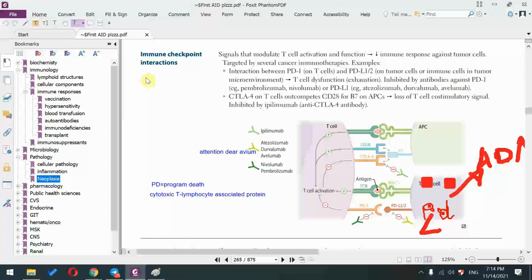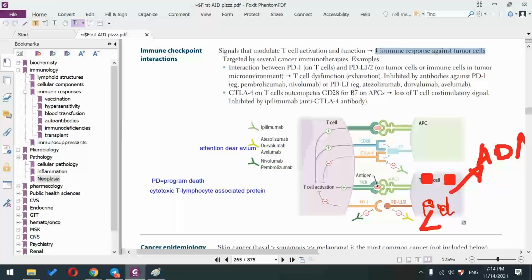So they write that signals that modulate the T cell activation and function decrease the immune response against the tumor cells, which means there are a few signals from the cancer cells that can lead to inhibition of your immune cells. And we need to deal with that. Why? Because they are reducing our immune response against the tumor cells. So we need to inhibit that from happening. So let's speak a little bit more about how this happens.